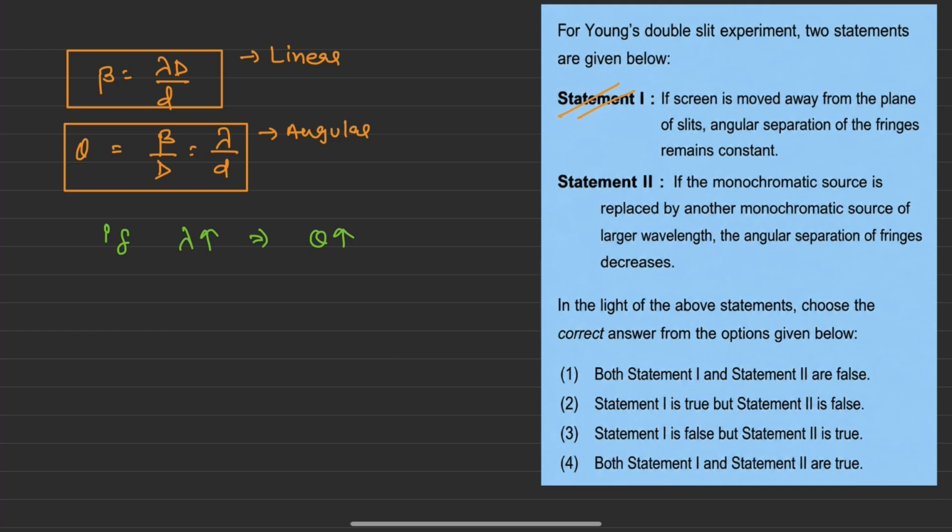According to this, the second statement is incorrect. Now let us see the correct answer for this question. They are saying both statements 1 and 2 are false. No. Statement 1 is true, but the second is false. Yes, it is the most suitable for this particular question. So the correct answer will be option 2. Thank you.